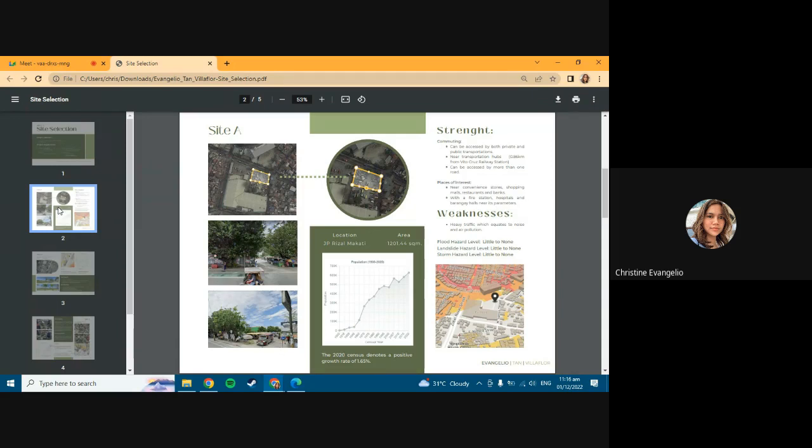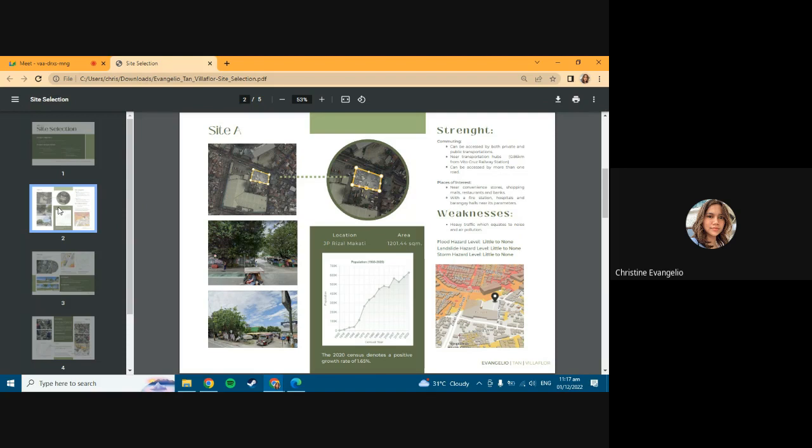For places of interest, it's near key amenities like convenience stores, shopping malls, restaurants, and banks. Also, fire stations, hospitals, and barangay halls are near its perimeters.